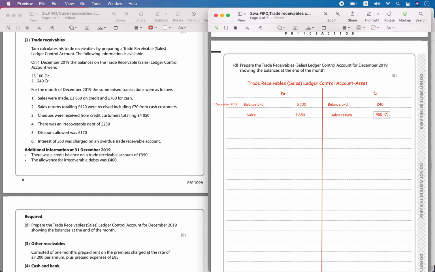We have to include only what was returned by credit customers, so I'm going to remove the cash that was returned.